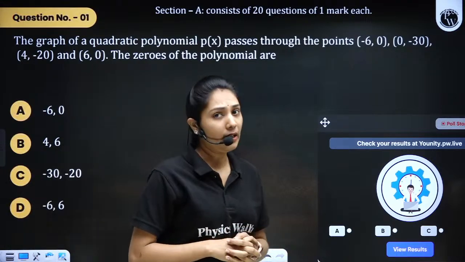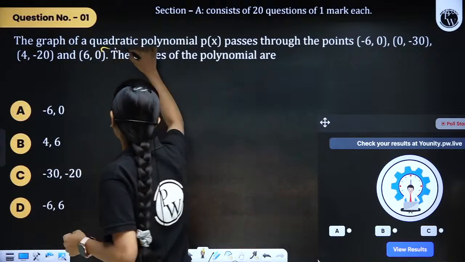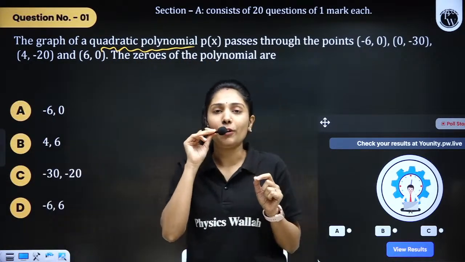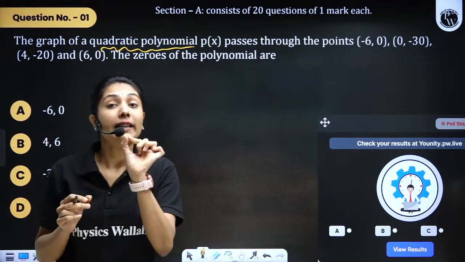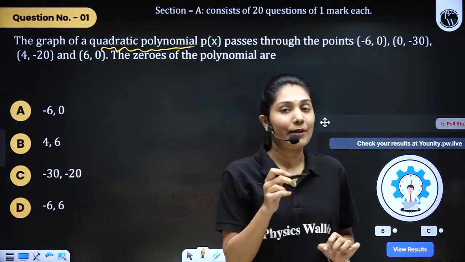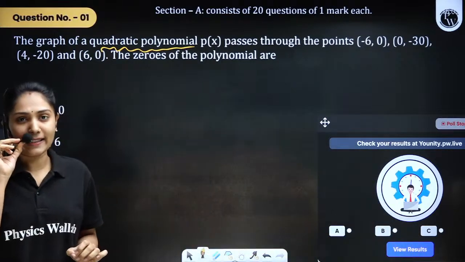Why? Because when we are talking about a quadratic polynomial, we know that the roots are nothing but the points on the x-axis at which the graph cuts the x-axis, correct?